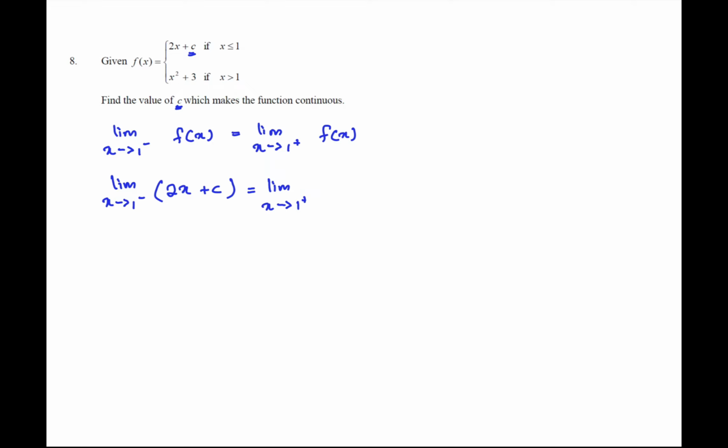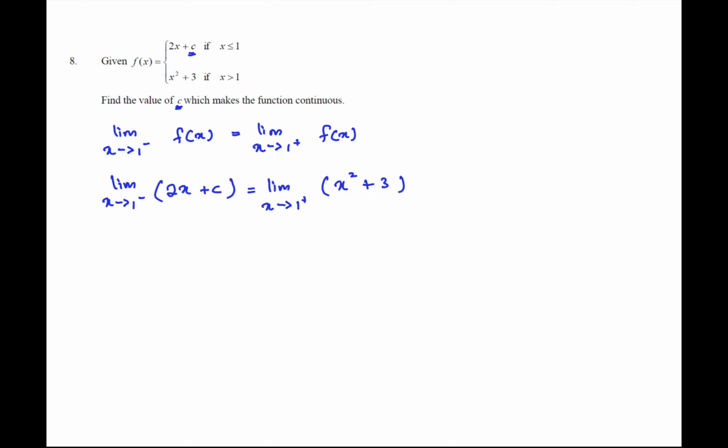So the limit as x approaches 1 from the left for f(x) equals the limit as x approaches 1 from the right for f(x). The limit as x approaches 1 from the left, the function is 2x plus c, equal to the limit as x approaches 1 from the right, the function is x squared plus 3.